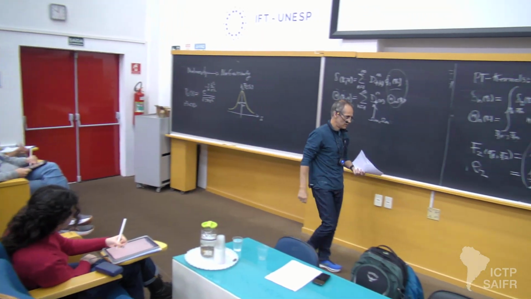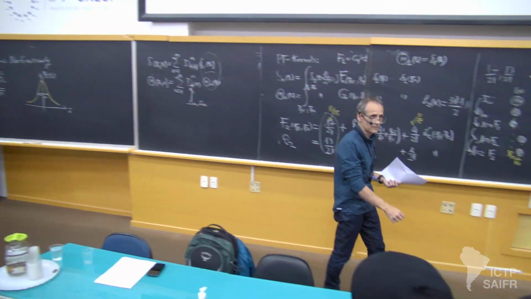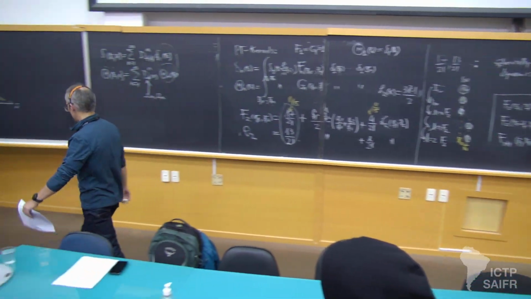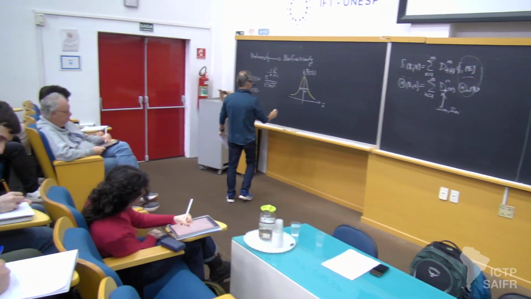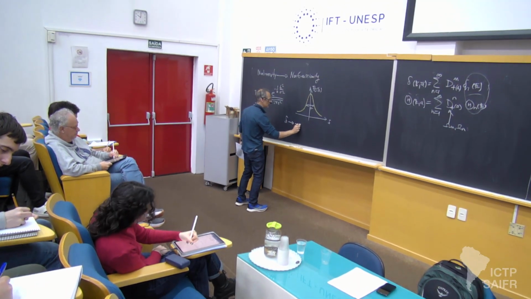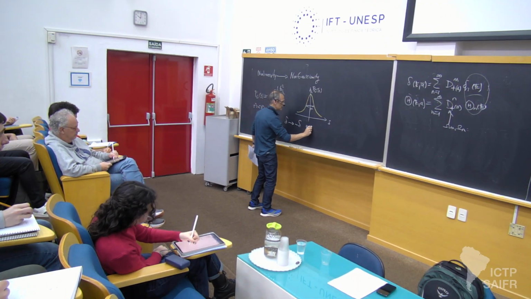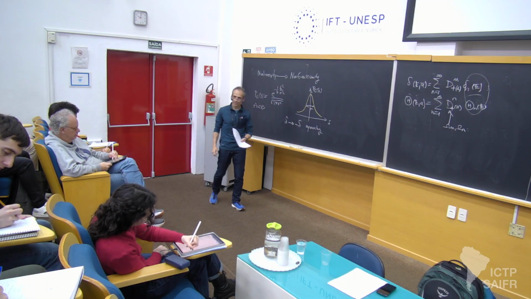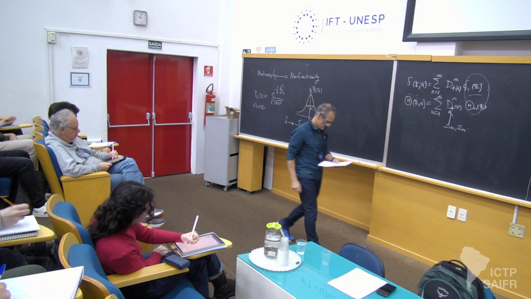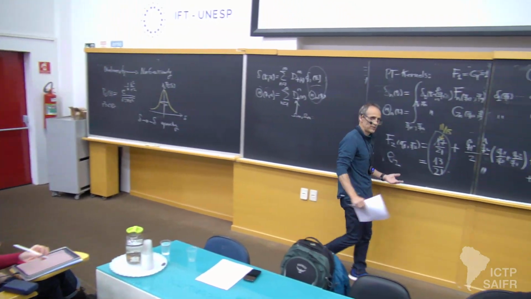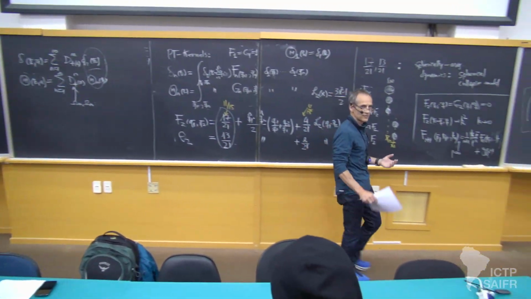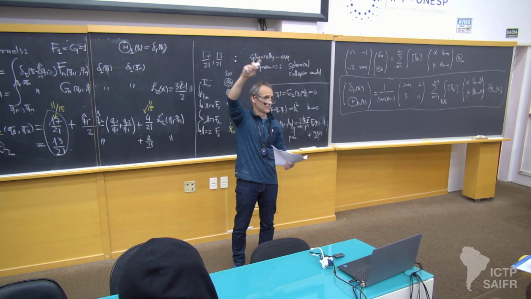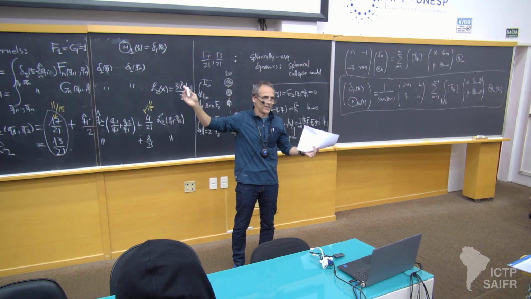Now, a Gaussian distribution has an obvious symmetry. It's the symmetry of delta going to minus delta. This is very important, because that means if I draw a random field which is Gaussian, I cannot do anything I want.